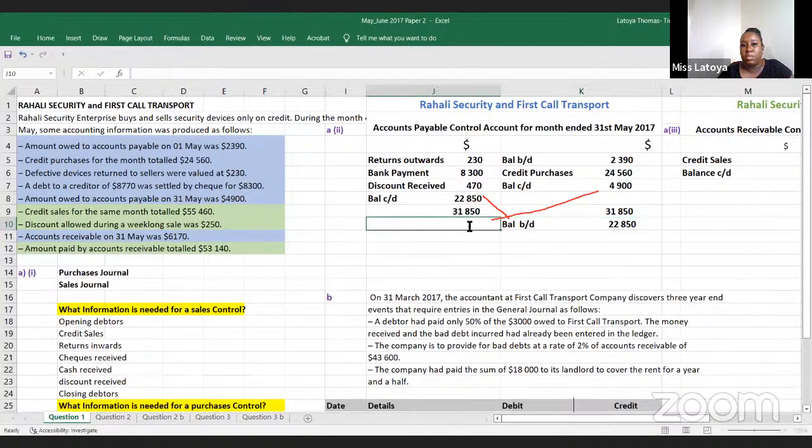And then our balance brought down figure on this side is going to be 4,900. Now we are supposed to have our double lines like these.